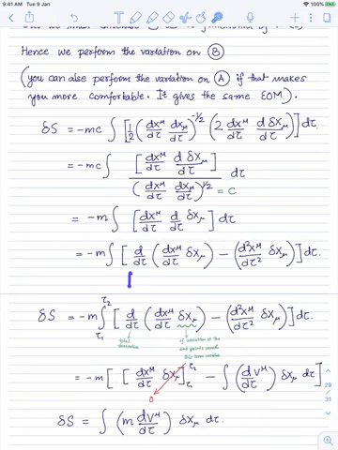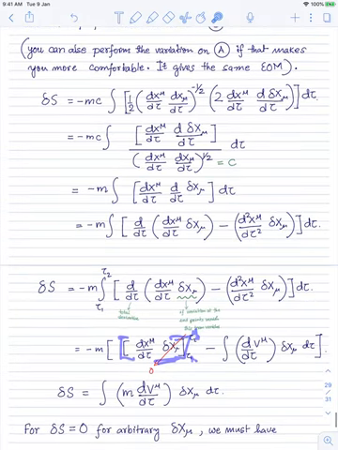And this object here is a total tau derivative, and as is usual, if the variations vanish at the endpoints, then this is just this object evaluated at the endpoints, which is equal to 0.